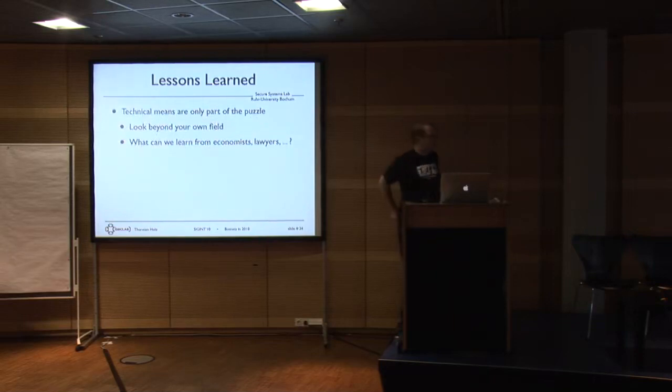And the technical means are only part of the puzzle. From a technical point of view, you can do quite a lot. You can do the disruption, you can do things like taking down things, but on the other hand, we also need other views here. For example, in order to take down the bulletproof hosters, we need this kind of social component where people can call others and force them to take something down.